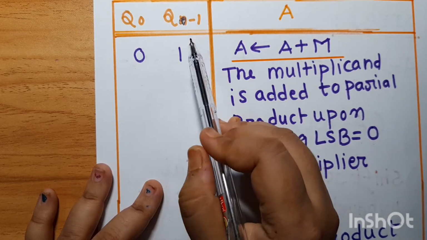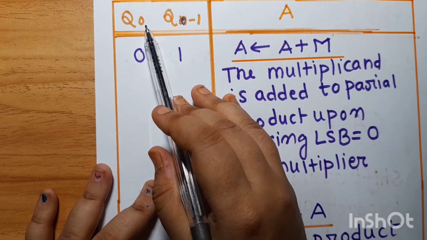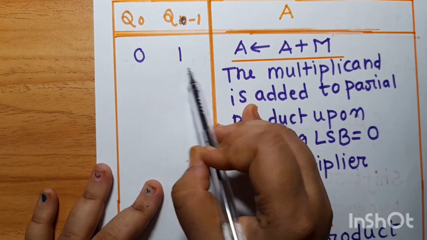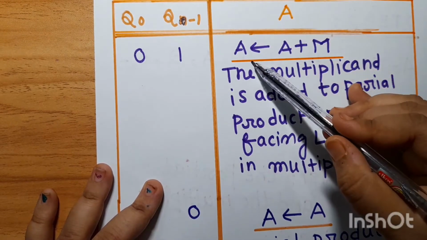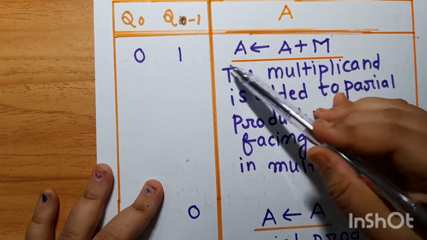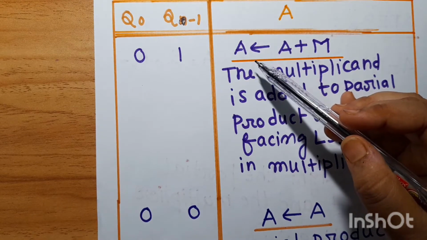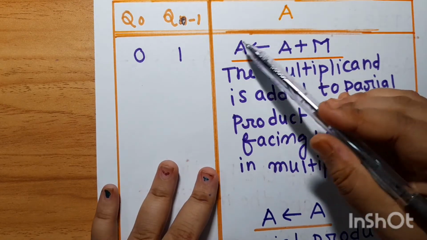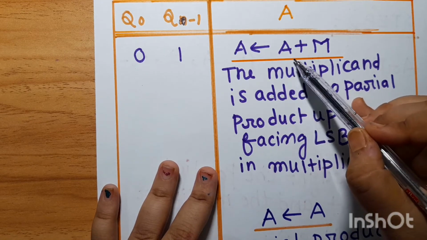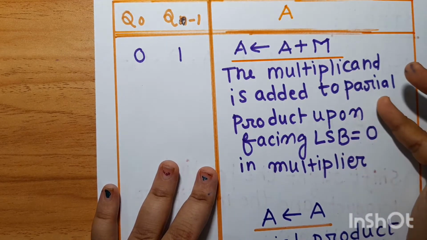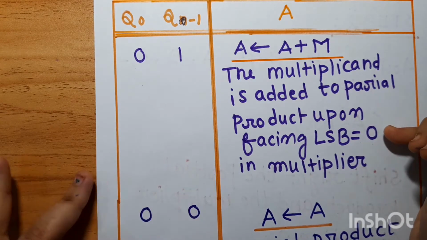Q minus 1 is 1 bit lower than q0, and it is 1. At that time the updation of a will happen. The partial product, this a, the accumulator, will be updated in such a way that a will be holding the old value of a plus m, the multiplicand value.